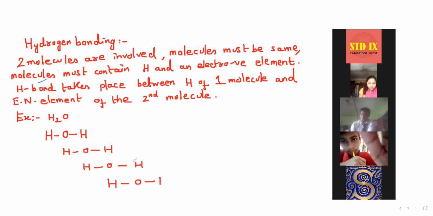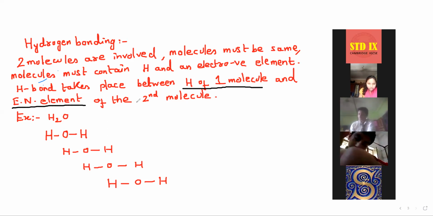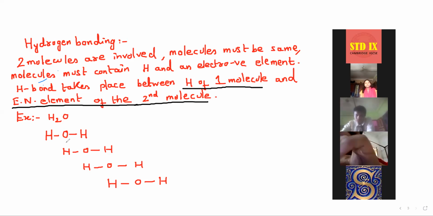As I told you, the bonding is between hydrogen of one molecule and electronegative element of the second molecule. Follow the dotted lines.